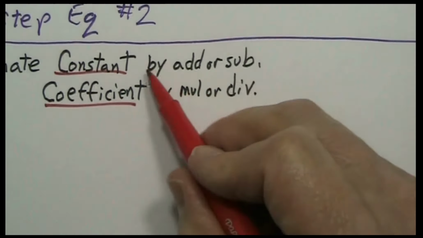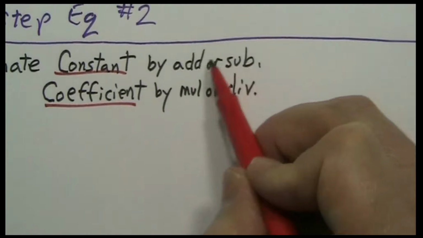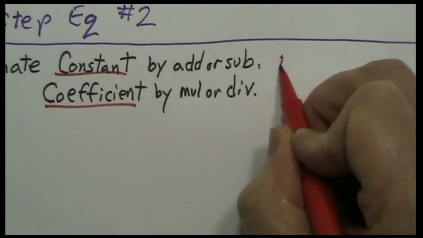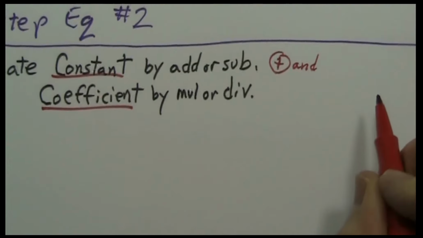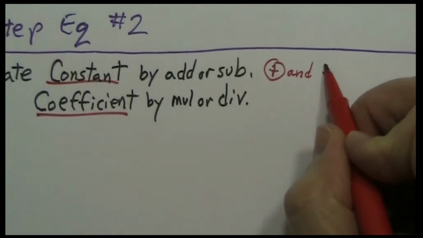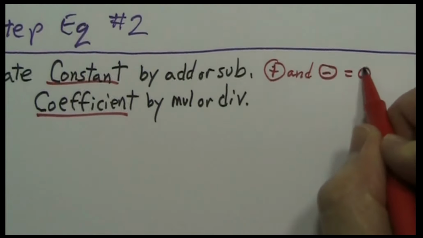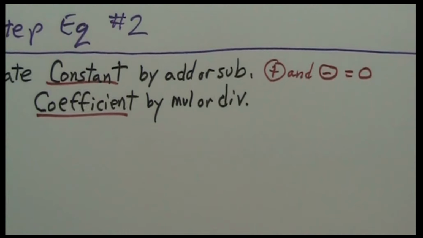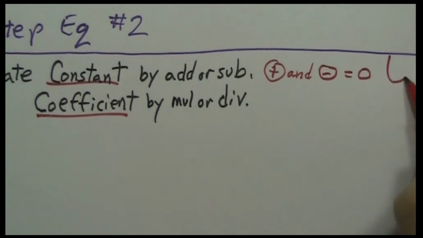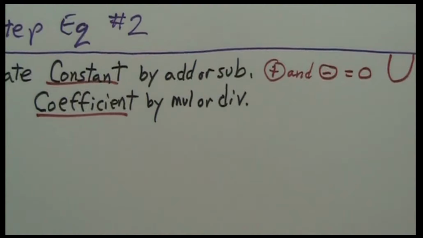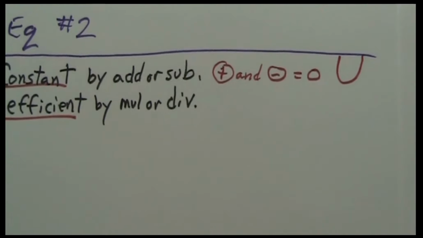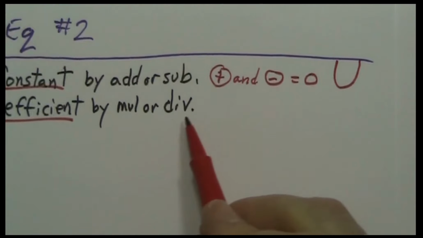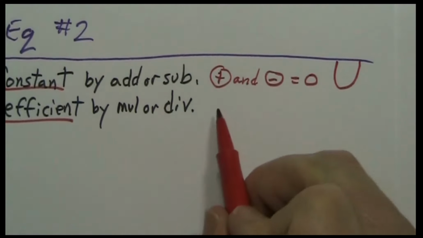And if you remember, when dealing with constants, when you're adding or subtracting, a positive and a negative equals 0. So think of taste. I'm just going to put a picture of a tongue. Think of taste. And when we're multiplying or dividing, remember the rules for that?